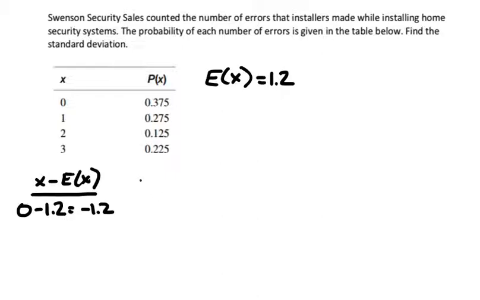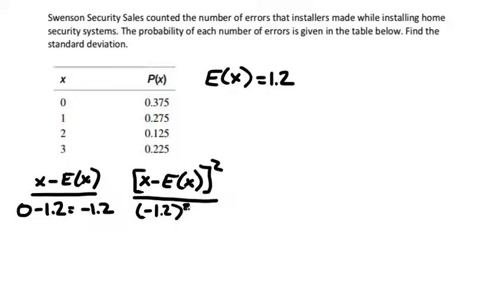Our second step is to square this. So we're going to take the value that we just got and square it. Now, keep in mind, when you're squaring a negative number, it should come out to be positive. So make sure you use parentheses on your calculator around the negative number so that you get this correct. So negative 1.2 squared should be positive 1.44.